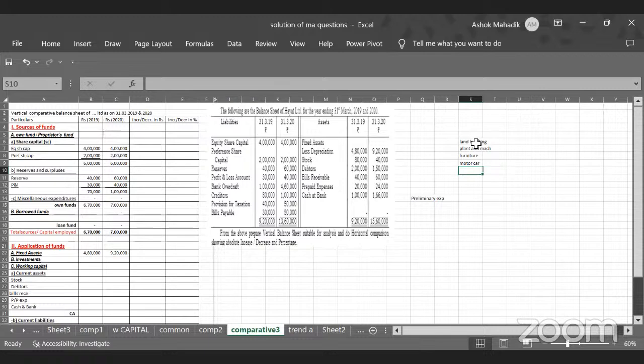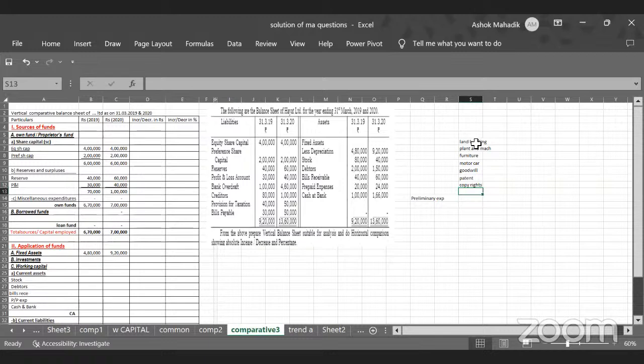Some intangible assets are also there, which are fixed assets. Can you name them? Goodwill. Patent. Yes, vehicle, very good. Computer, very good. Then copyrights. These are all fixed assets.